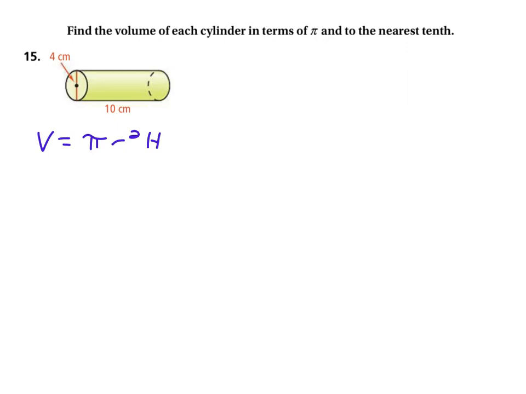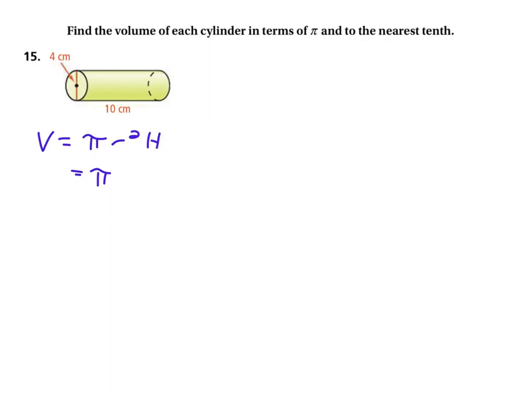And, excuse me, if we look at this, we can see that the cylinder is sitting on its side, not on its base. So what are we going to do about that? Well, we're just going to calculate the area of the base. So we say volume equals pi times the radius, and they didn't give us the radius, they gave us the diameter.